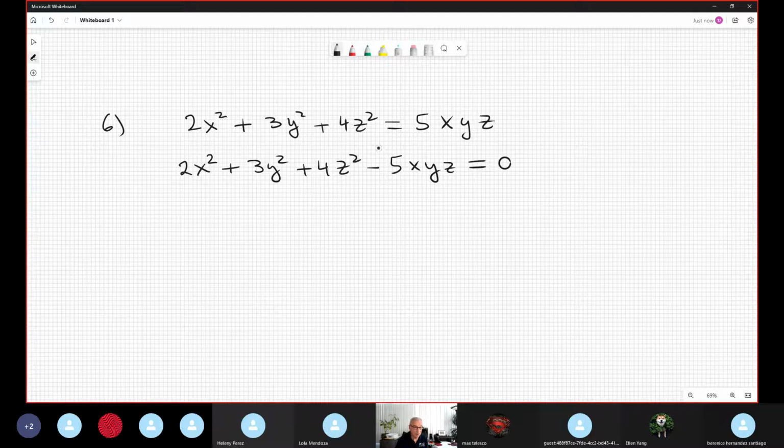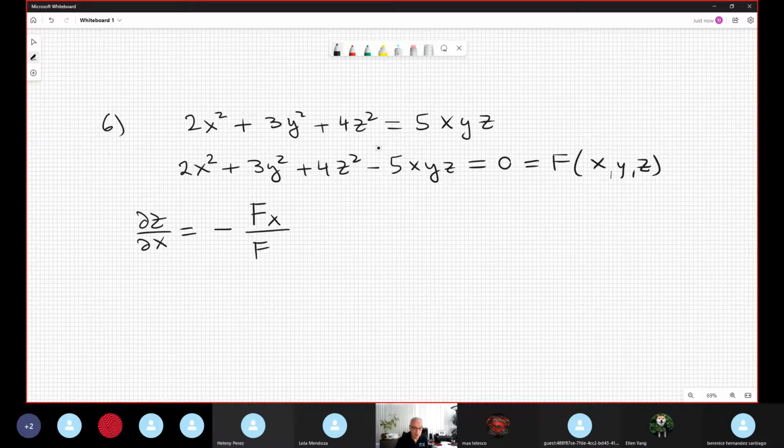If you want to find the partial derivative of z with respect to x, the formula is minus capital F, where F depends on x, y, and z, divided by the partial derivative of the capital F, the implicit form, differentiated with respect to x.